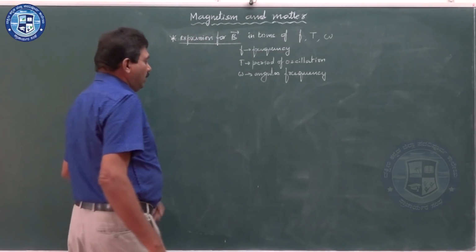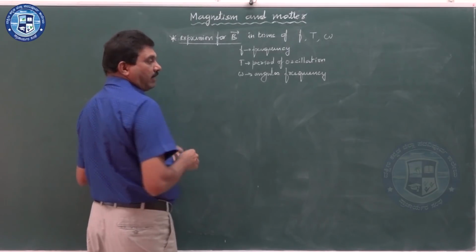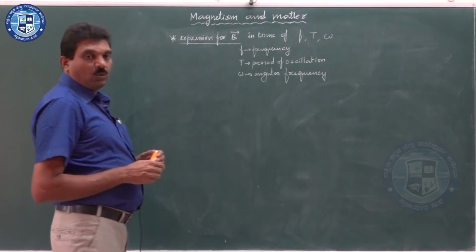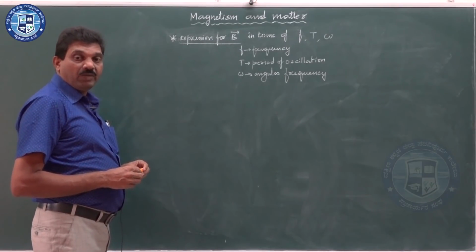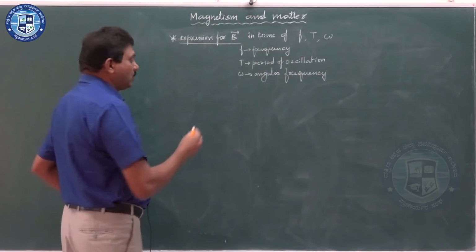Now, let us consider a uniform magnetic field. Already it is told uniform magnetic field can be represented by the equispaced parallel arrows.